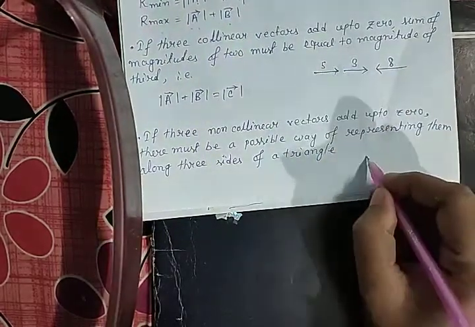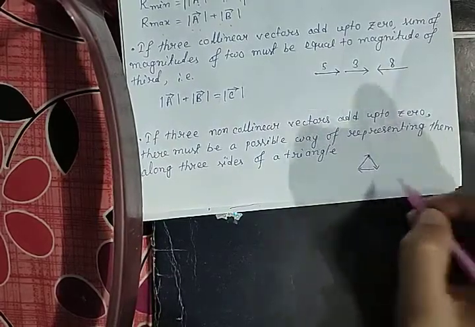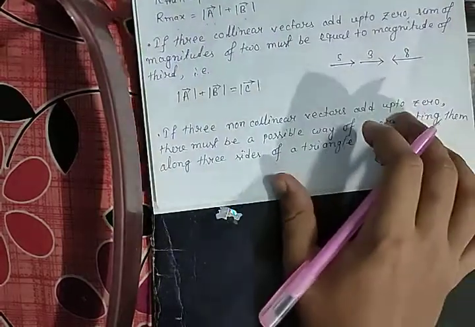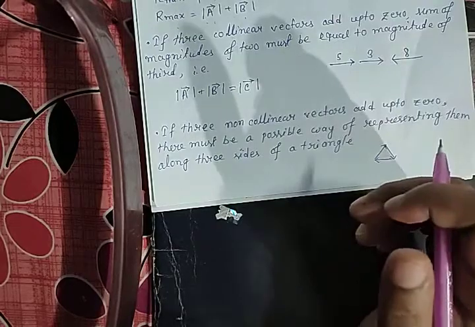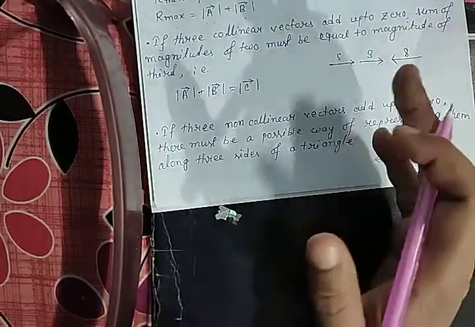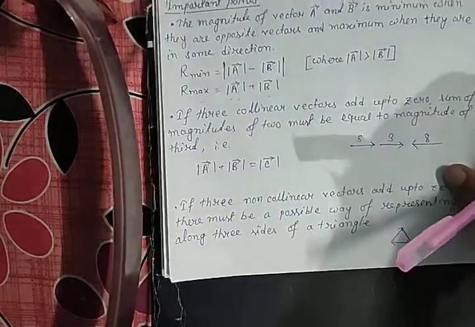In another way, what is the property of a triangle? The sum of any two arms must be greater than the third arm.